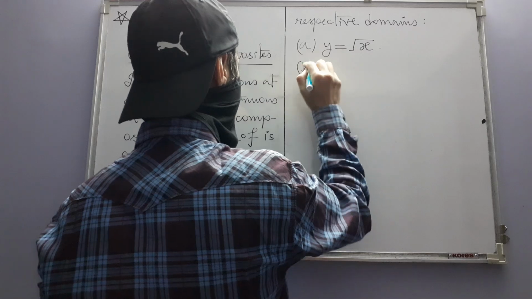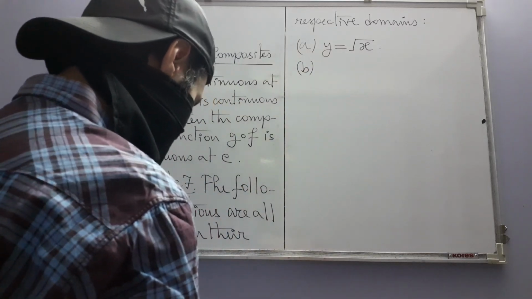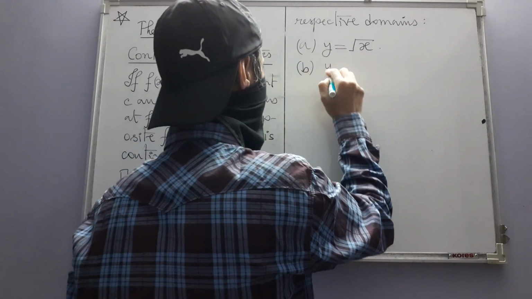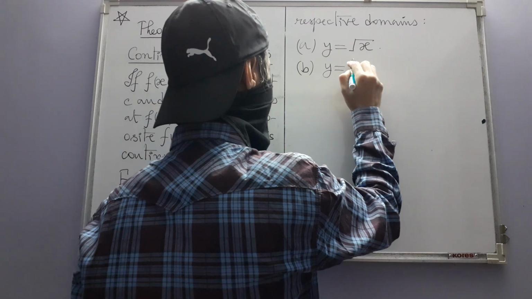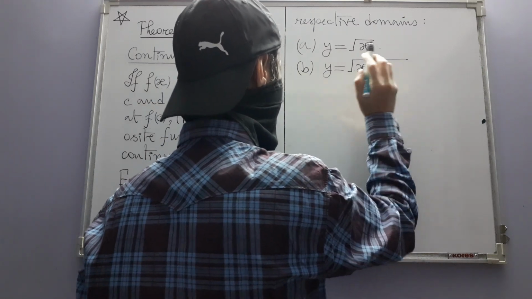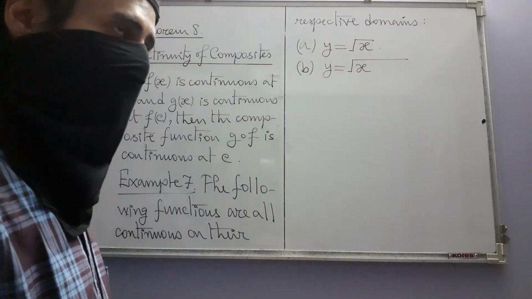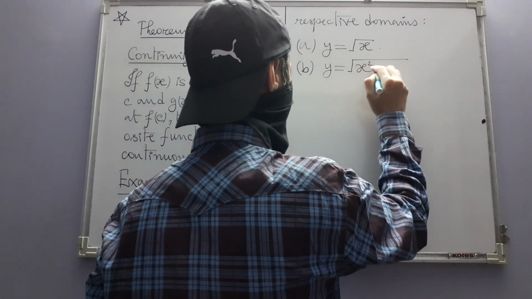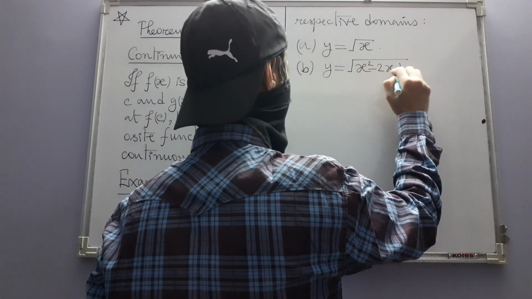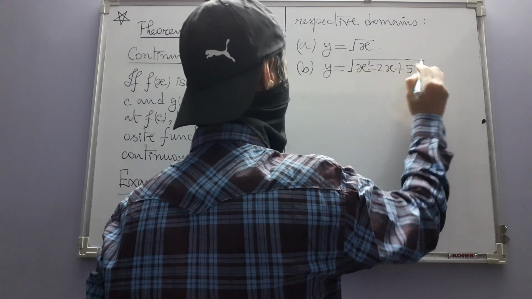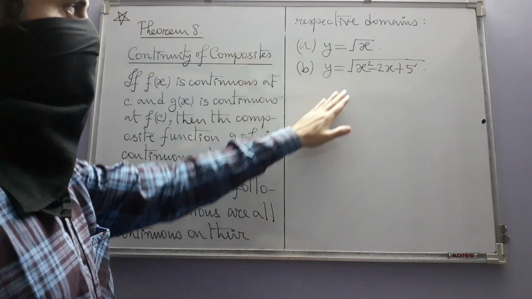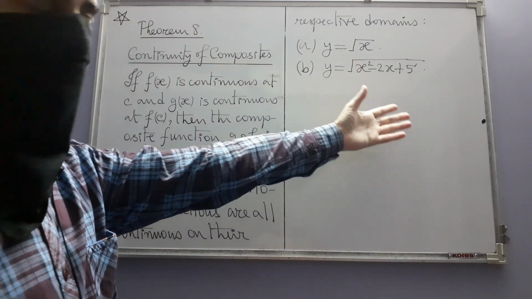Then another similar one is, again this one also has a square root, but inside we now have a quadratic polynomial, x square minus 2x plus 5. How is this continuous? This of course has its own domain.